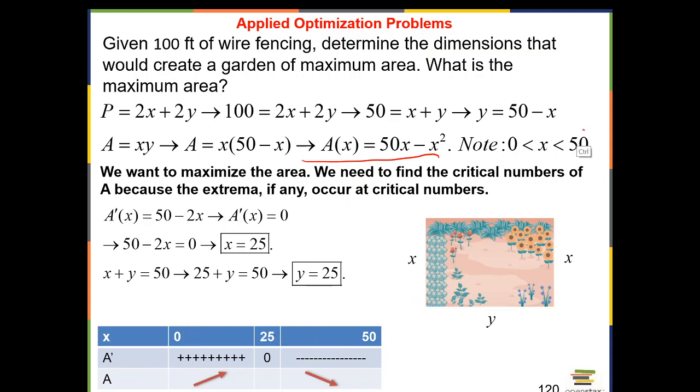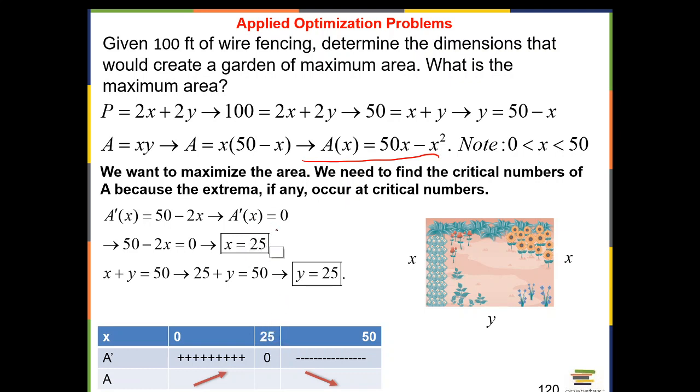Now, from 0 to 50, what are the critical numbers of A of x? We just take the derivative. The derivative is basically 50 minus 2x, right? Set it equal to 0, and that's our critical number. There is only one. So we put it here.